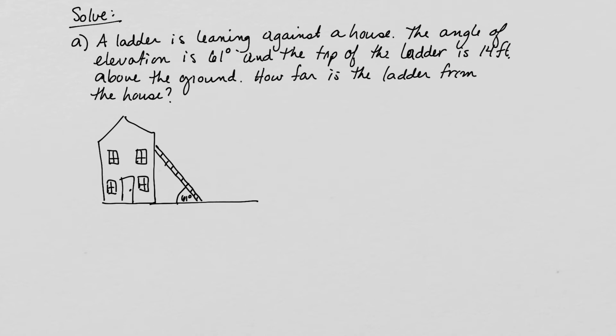And then they say the top of the ladder is 14 feet above the ground. So they're talking about this pink distance here. So this pink distance here is 14. And then we want to know how far the ladder is from the house.